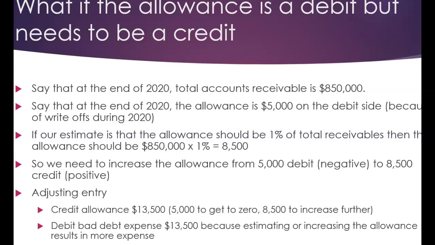The balance sheet method emphasizes what the balance of my allowance account, the contra account, should be, and creating an adjusting journal entry for bad debt based on that. The income statement method asks what percentage of our credit sales is going to go bad, and that's our bad debt expense.